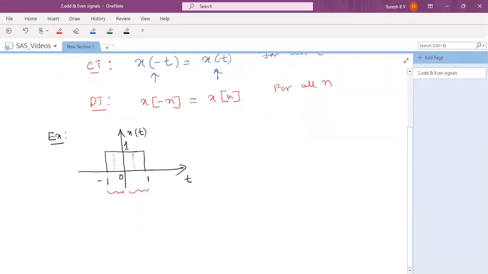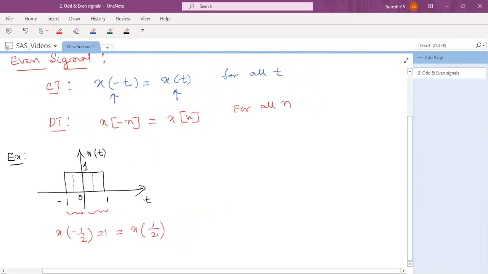For example, you can say x at minus half is equal to 1, which is the same as x at plus half. And this is true for all the values of t. You can notice that. Coming to a discrete example, I'll just take, for example, 0, 1, 2, minus 1, minus 2, and the magnitude of all these samples is 1.